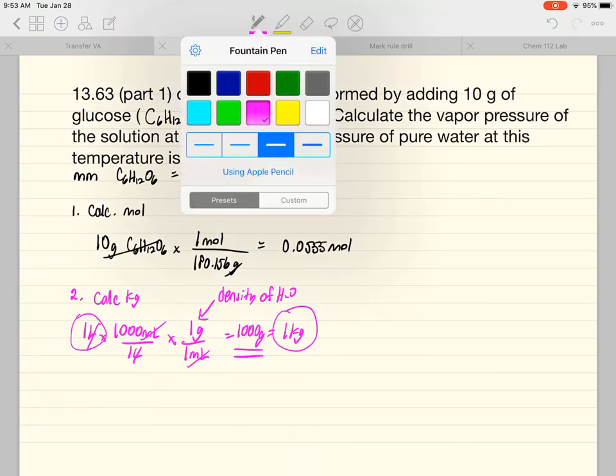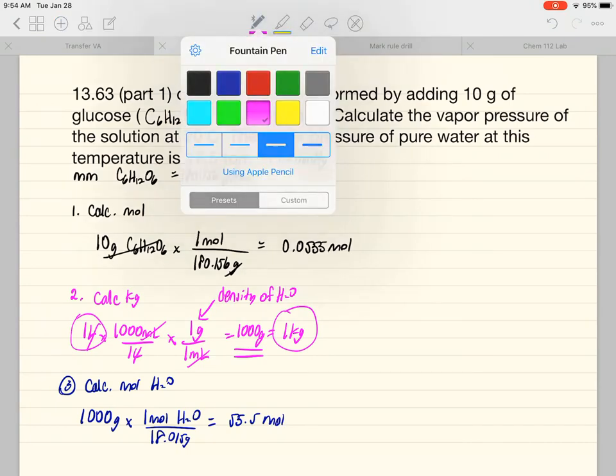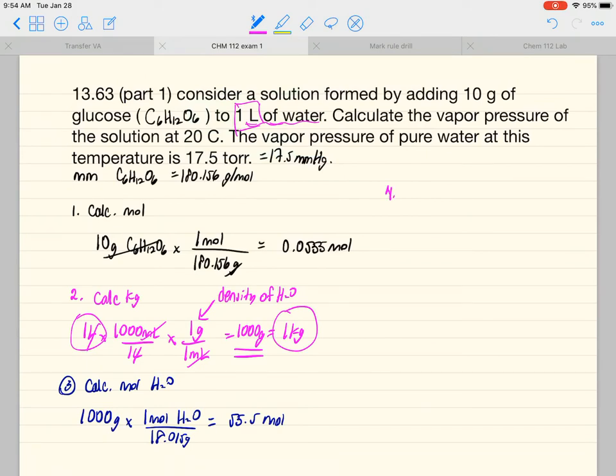Next, what I want to do is calculate the moles of water. So I have 1,000 grams of water, and the molar mass of water is about 18. Okay, and that's 55.5 moles. Now, next what I want to do is calculate the total moles.